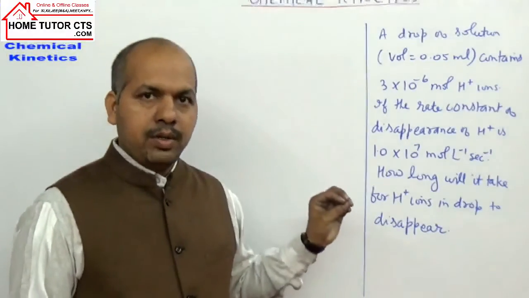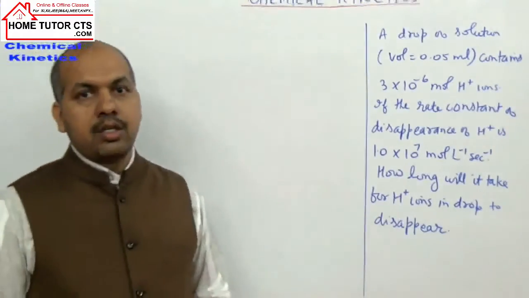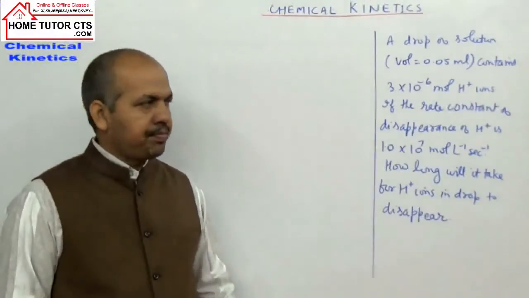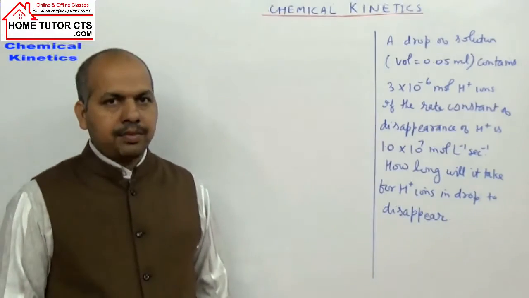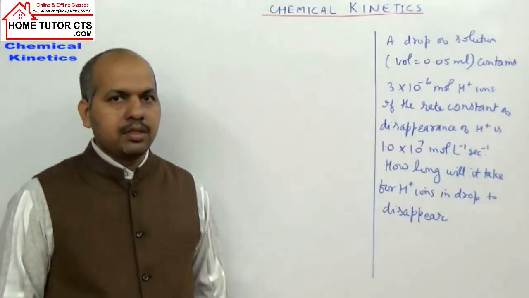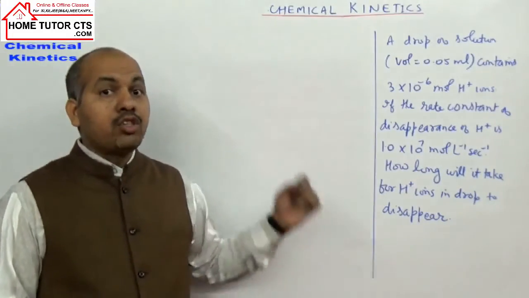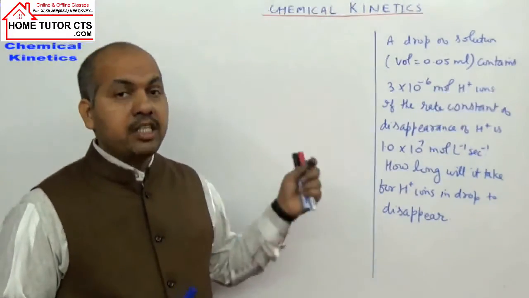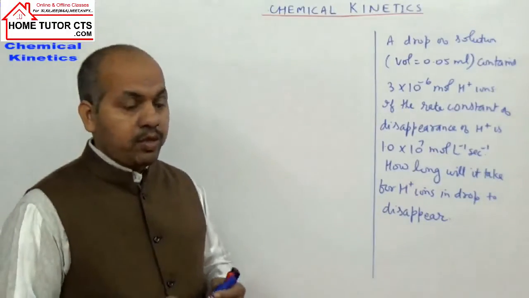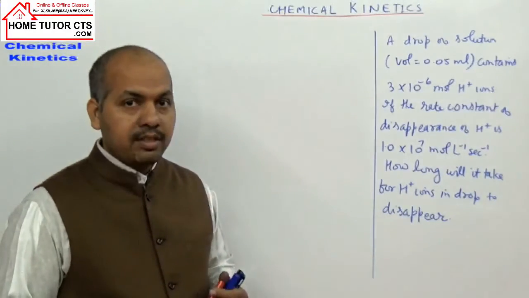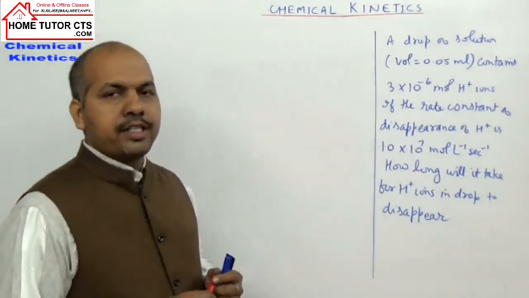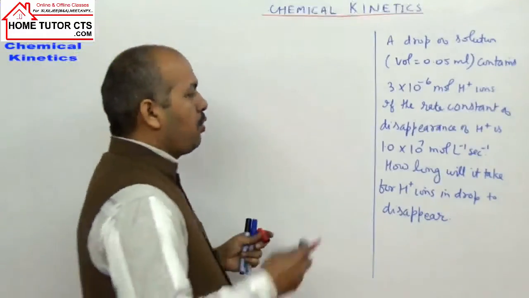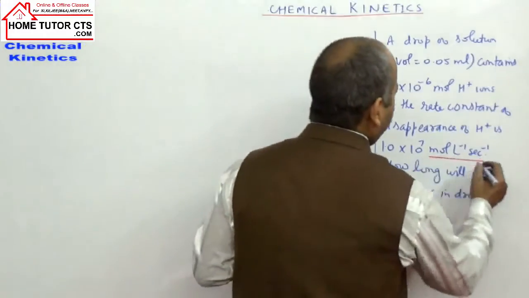Okay. Now try this question yourself. Now in solving this question, we require the order of reaction. In this case, the order is not given to us. Can you tell the order of reaction? In the question, the order is given to us indirectly from the unit of rate constant.